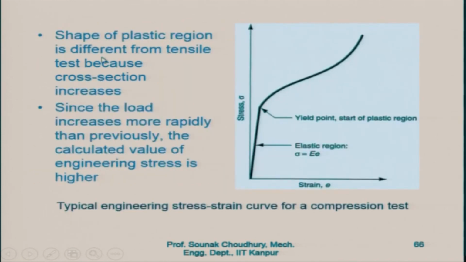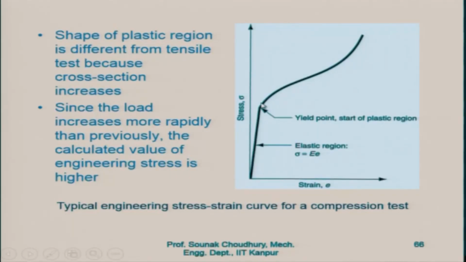The shape of the plastic region is different from the tensile test because the cross section increases. You understand that the diameter is increasing and the height is decreasing, so the shape of the plastic region here will be different. Since the load increases more rapidly than previously, the calculated value of engineering stress is higher.